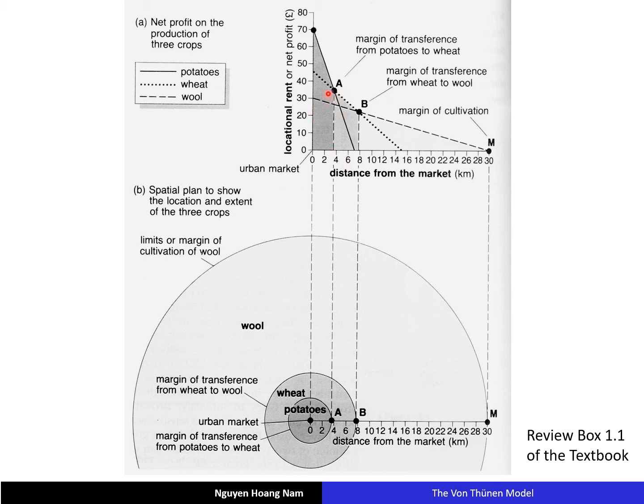As I already mentioned, we will choose to plant the one with higher location range.